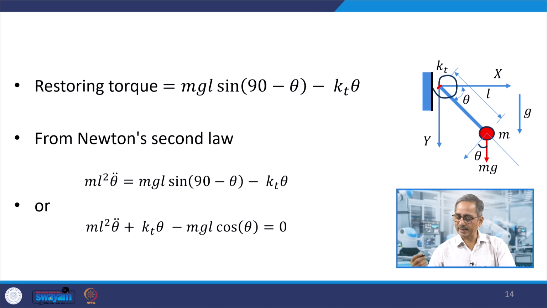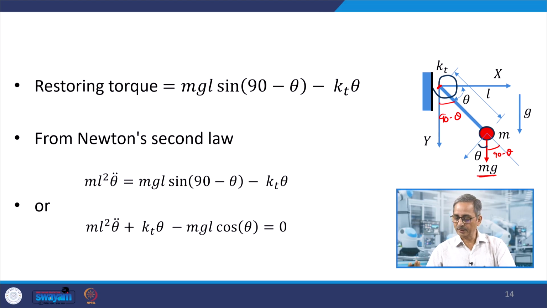Okay. So in this case you see this is going to be the weight of this bob, mg, and this angle is theta, so this angle is going to be 90 minus theta. So what are the unbalanced torques which are going to act over here?